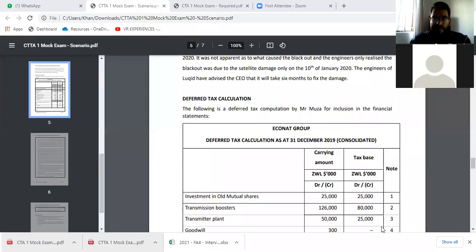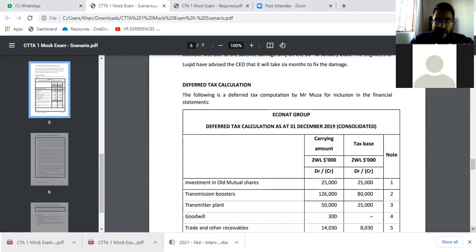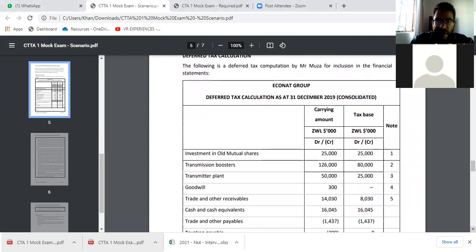So I'm going to share my screen, and then I will read it with you. Okay, so the deferred tax calculation says the following is a deferred tax computation by Mr. Musa for inclusion in the financial statements.